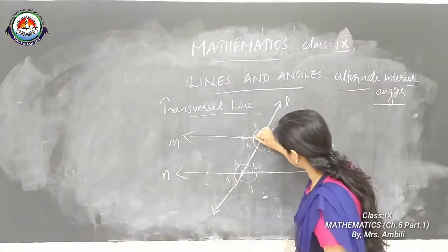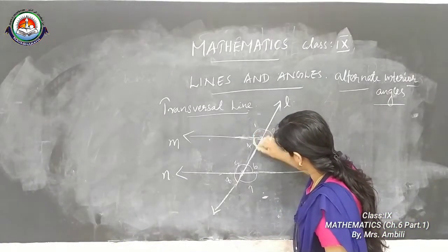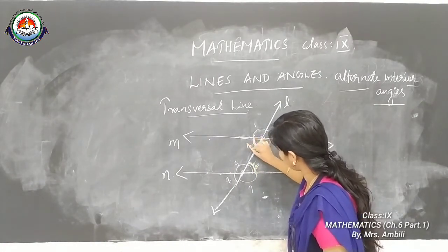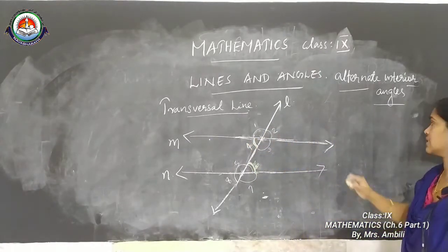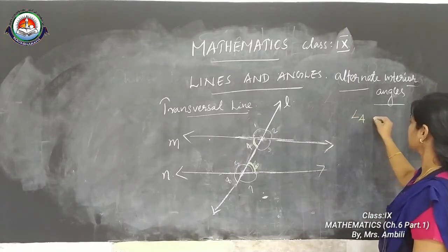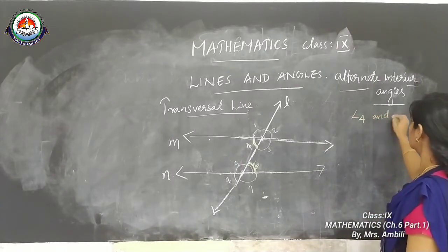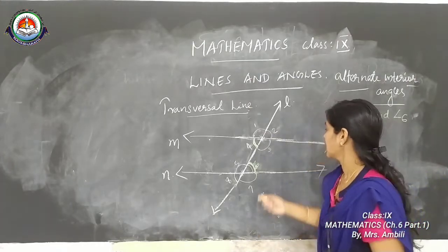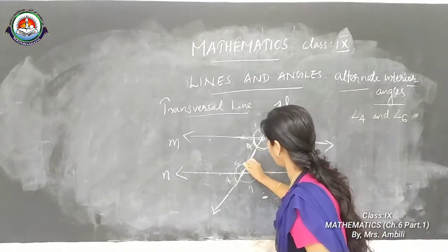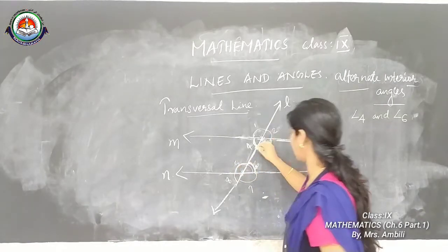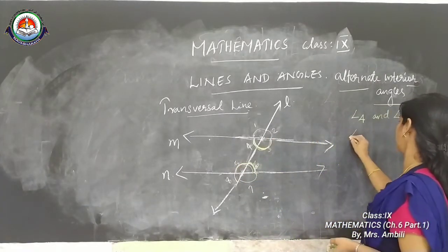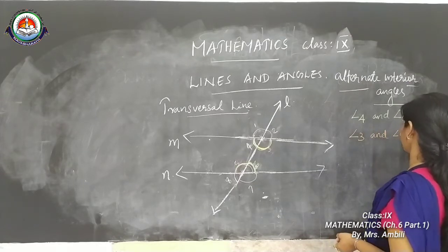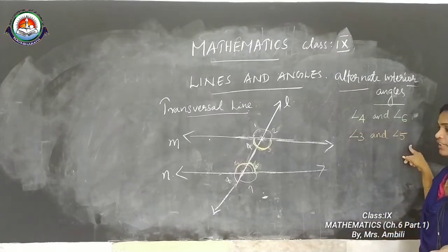So from these interior angles, what are the alternate interior angles? Angle 4 and angle 6, the first pair of alternate interior angles. Next pair is angle 3 and angle 5.